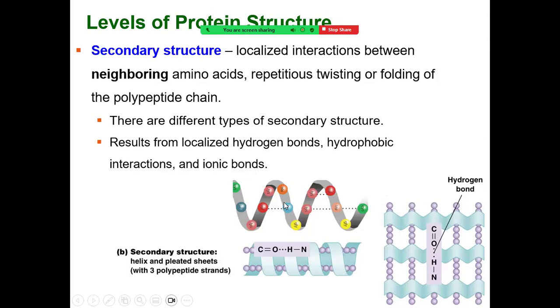But it can also be an ionic bond if this amino acid has a positive charge and that amino acid has a negative charge. That will be an ionic attraction between them, and they will be brought closer together, attracted to each other, the same as the hydrogen bond.